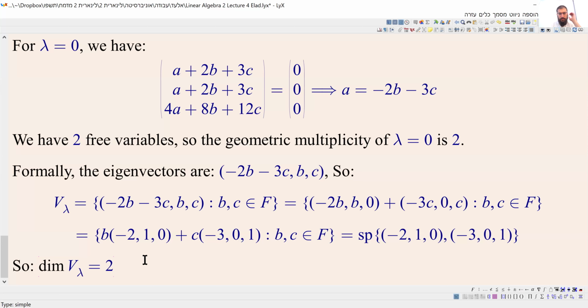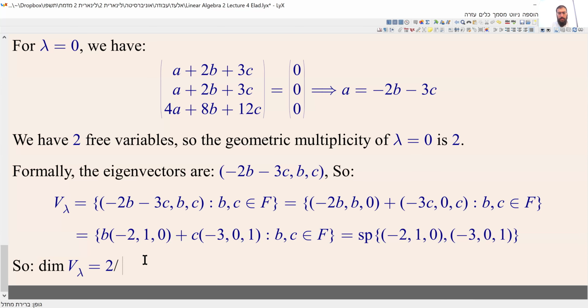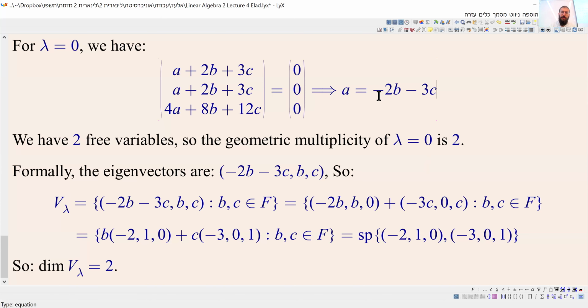Not necessary. And as the formal definition states, the geometric multiplicity is the dimension of the eigenspace, which is yet again actually how many free variables you have in the system of the equation AV is lambda V.